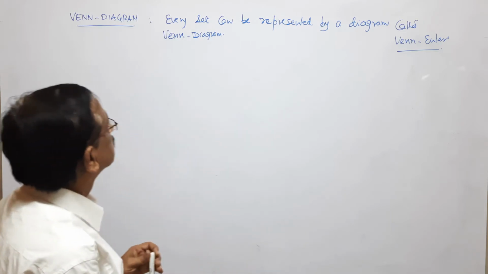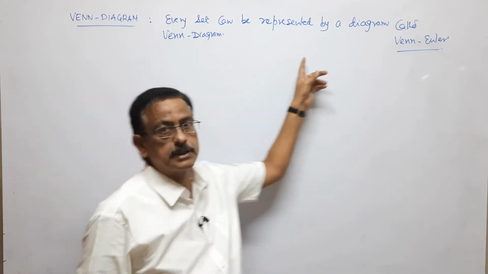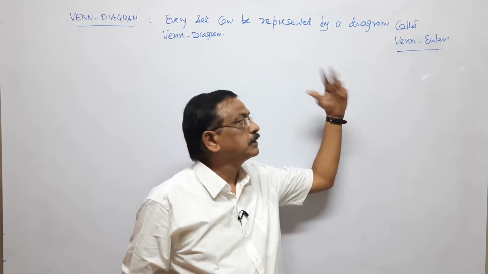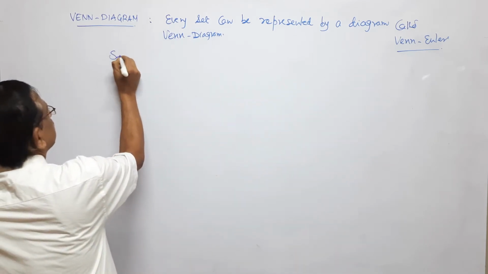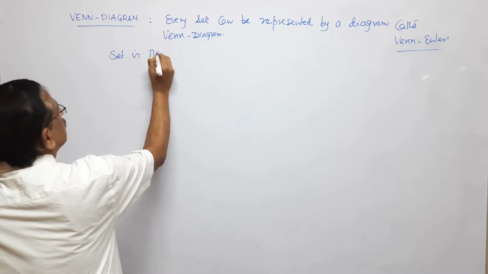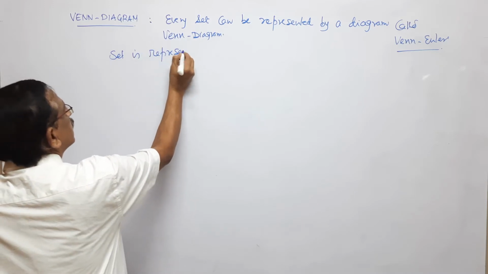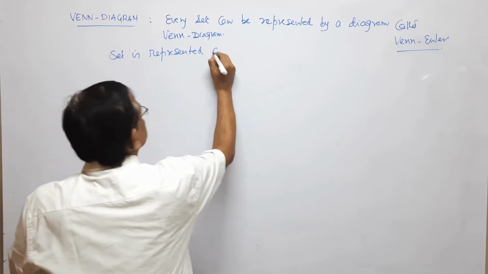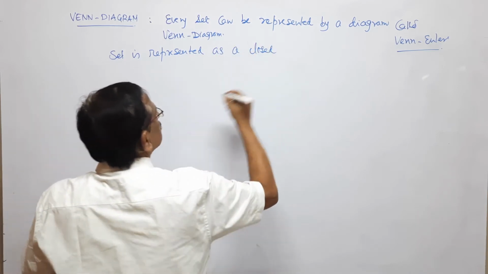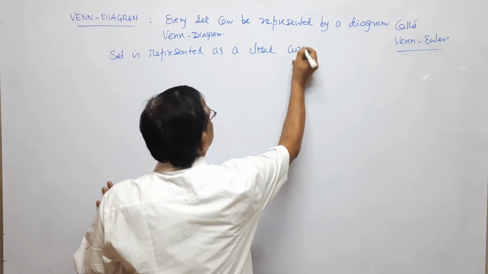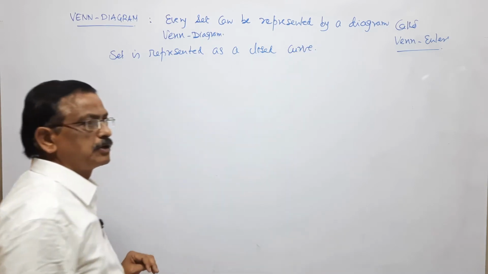How do you write this? Every set can be represented by a diagram. So a set is represented as a closed curve. It's a closed curve.